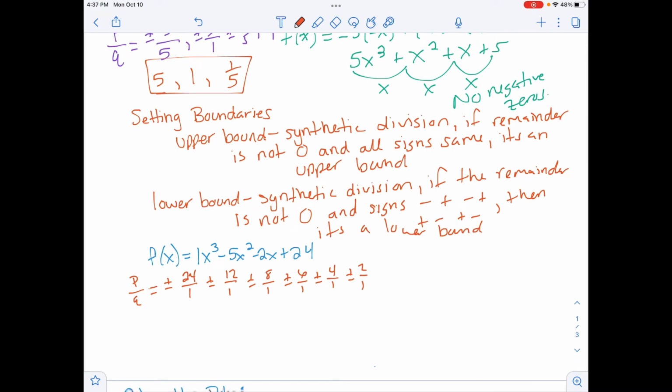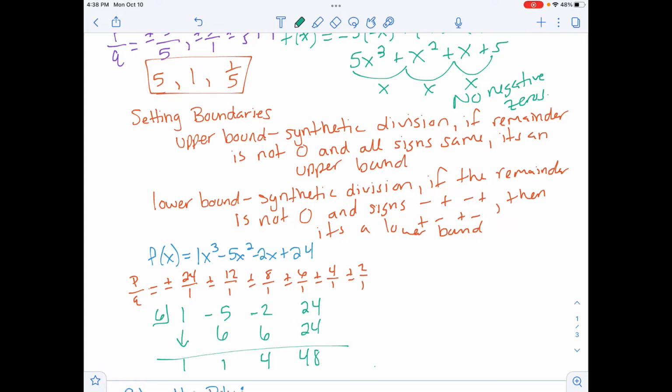Let's say I try 6. So if I do 6 in the magic box and I bring down all of my lovely coefficients, I'm going to do this real fast here. Multiply, add down, multiply. Okay, where did I mess up? I didn't. 24, so 48.